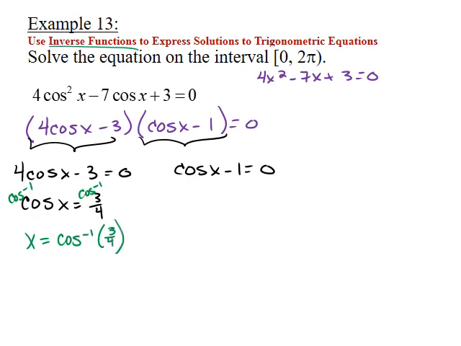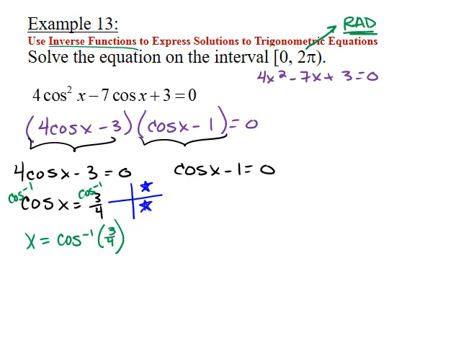And hopefully you thought, oh, I'm going to have to use my calculator. We will need to be in radian mode because I want my answers in radians. This is going to be a little tricky, so just bear with me here, okay? Now, cos is positive in these 2 quadrants, right?